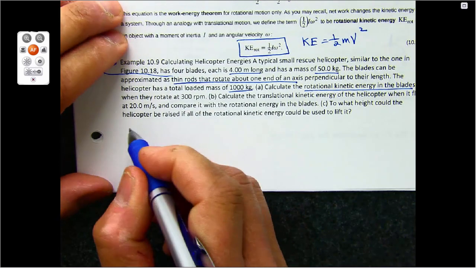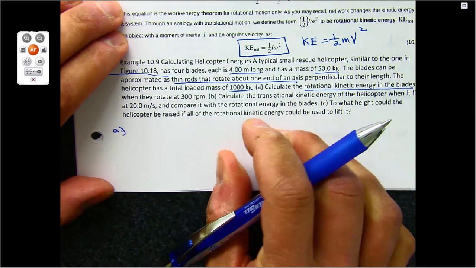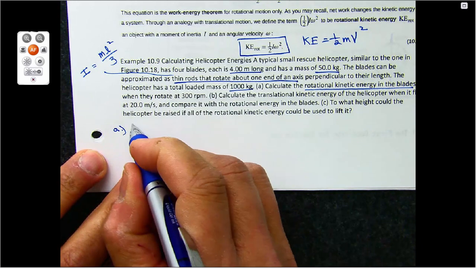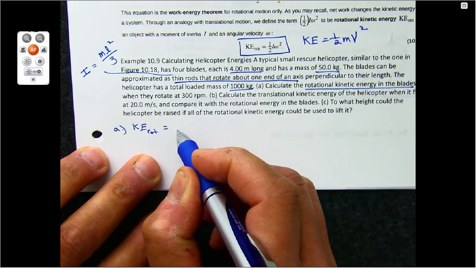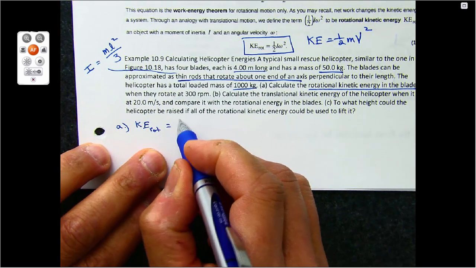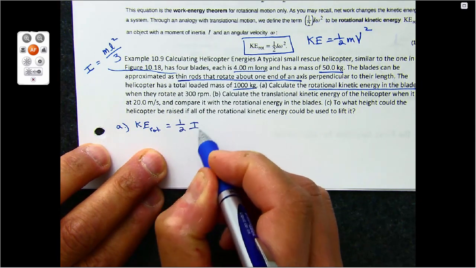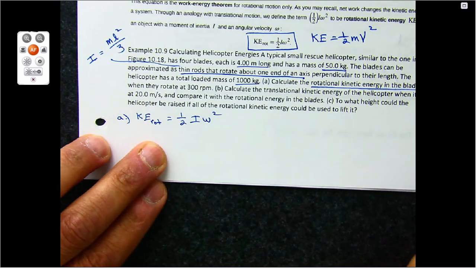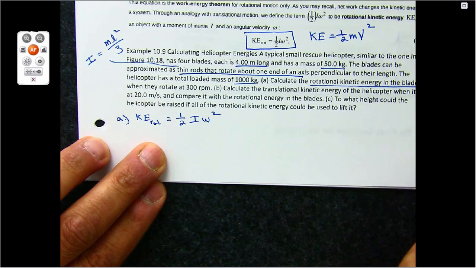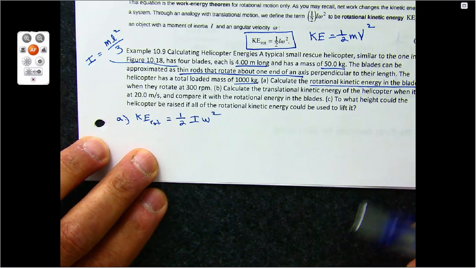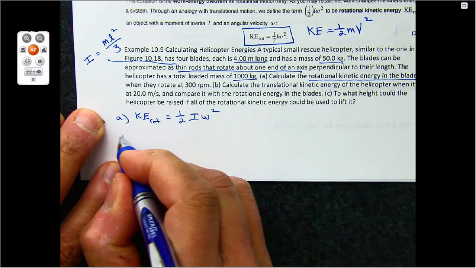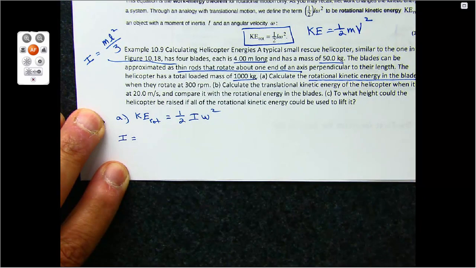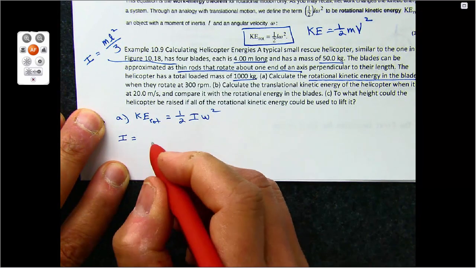So for A, for rotational kinetic energy, we are going to be looking at, instead of 1/2 mv squared, 1/2 I omega squared. Well, let's do I first. We want total, there's 4 blades.